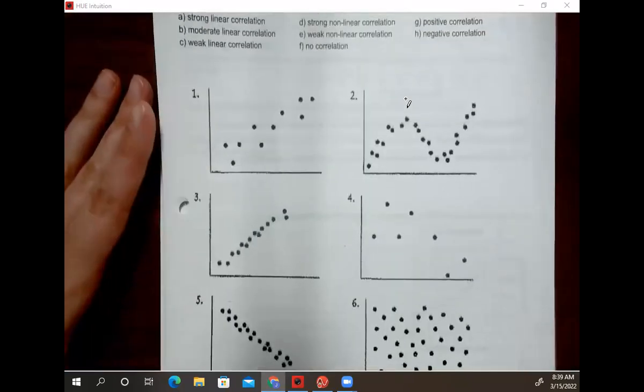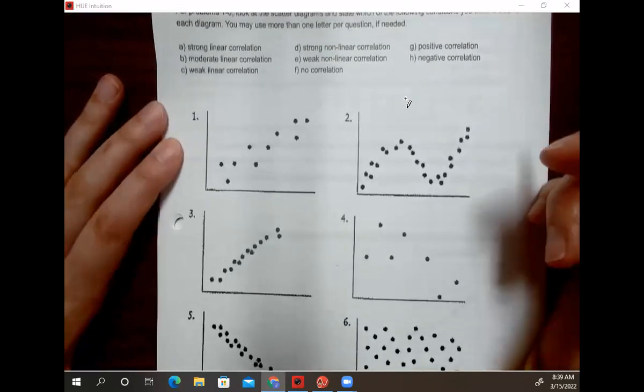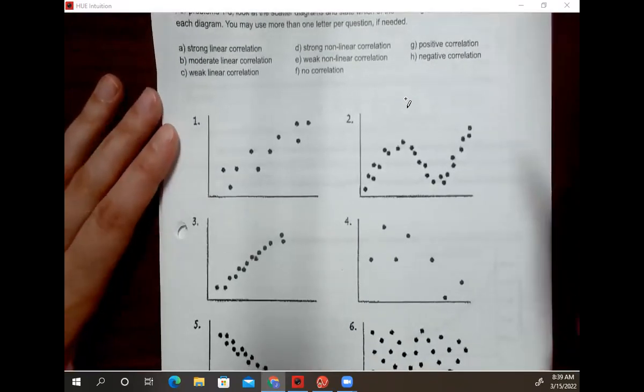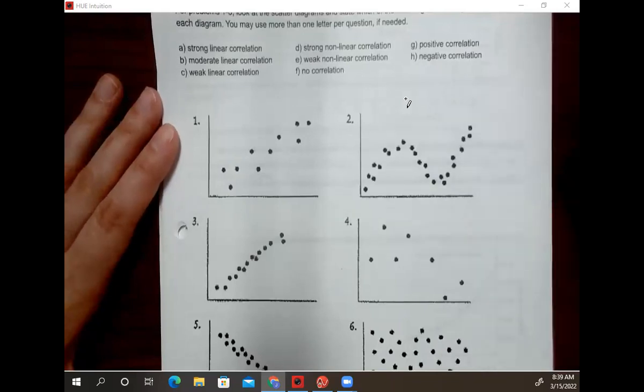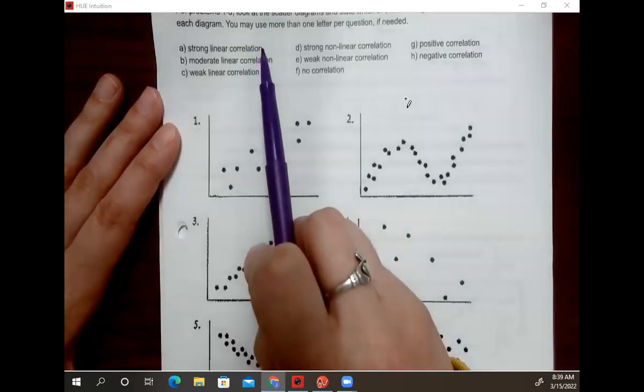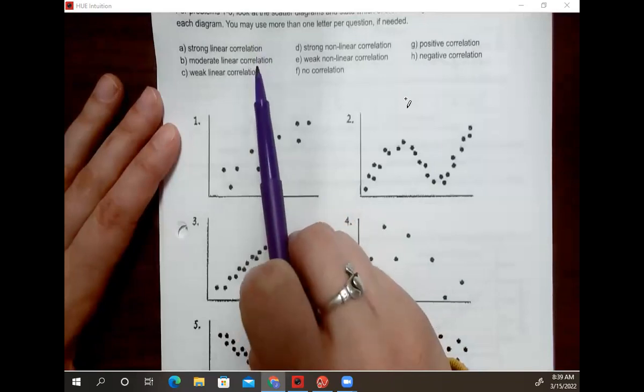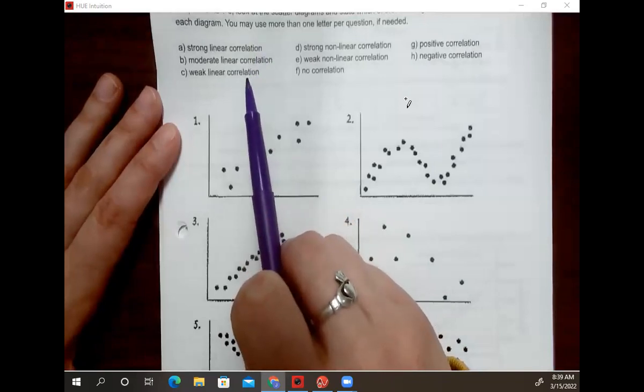When we talk about correlation, there are a lot of different types that we can look at. We're going to focus for page 33 on just linear versus not, and then the strength of that correlation. As we look at each of these, we are going to label them as a strong linear correlation, a moderate linear correlation, or a weak linear correlation.